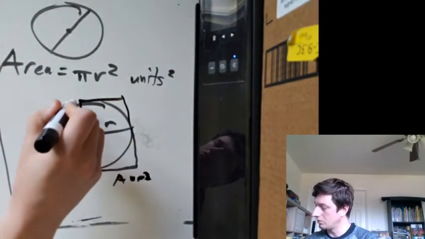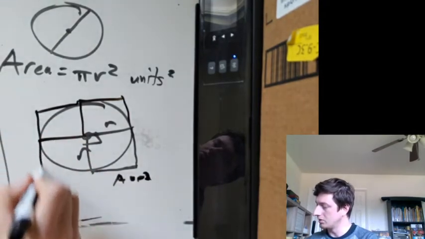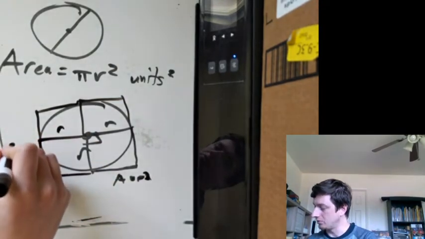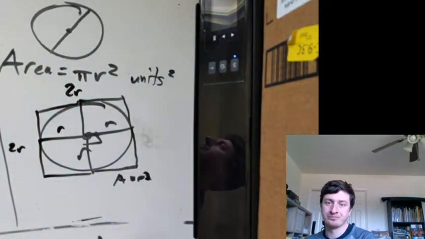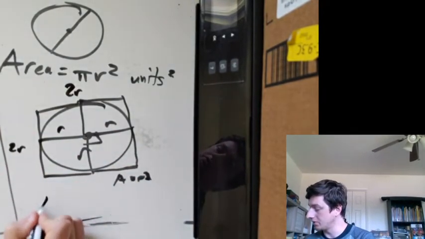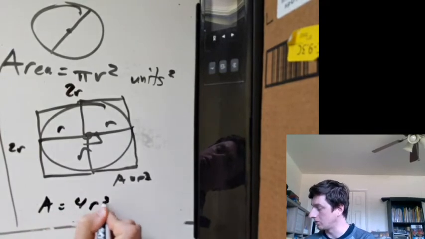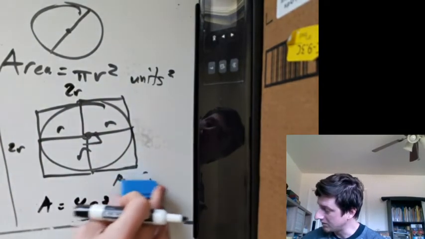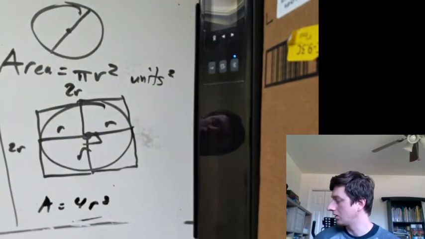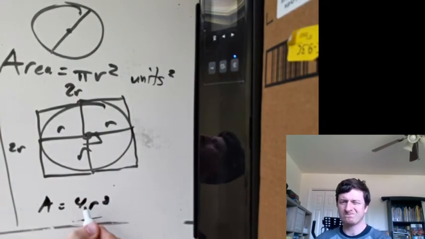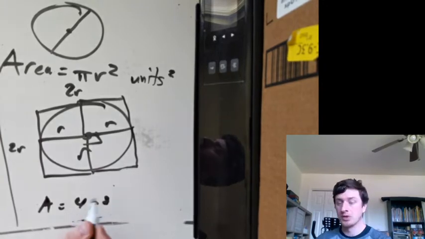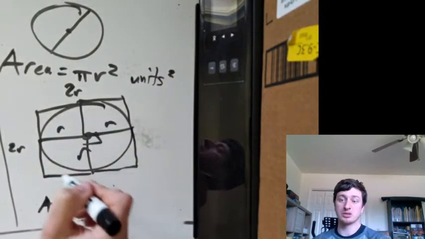Well, if we do 4 boxes, it's bigger than the circle. Right, each of these is an r. This whole thing would have been 2r, and this would have been 2r. So it would have been 4. The area of the whole box is 4r squared. Sorry, I'm writing kind of sideways because my thing's to the right. 4r squared, there's 4 boxes here, and that's bigger than the circle.